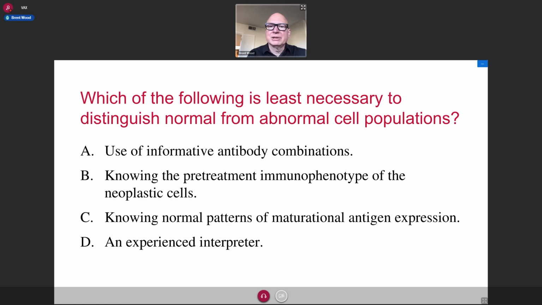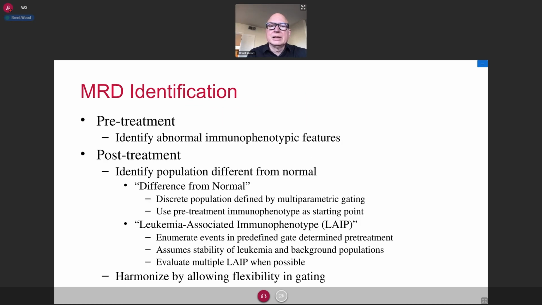Go to the next slide, please. And so if one looks at the overall workflow for MRD identification, based on this type of thinking, on a pretreatment sample, we like to run flow cytometry to identify the types of abnormalities that are present on the given patient's leukemic cells. These are often called the leukemia-associated immunophenotype, or LAIP.